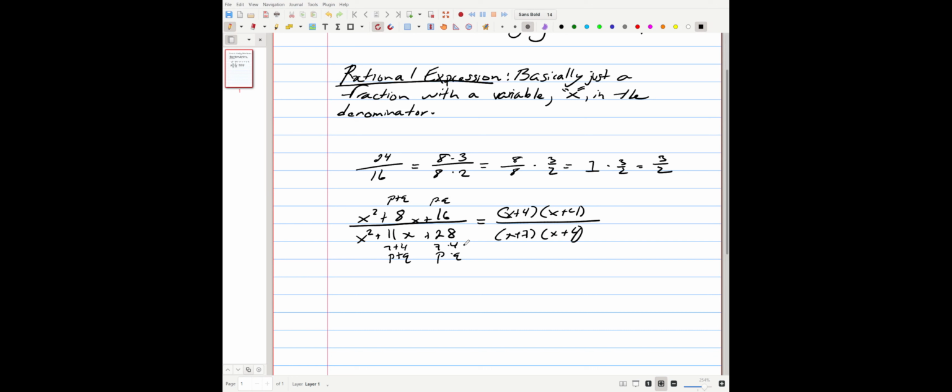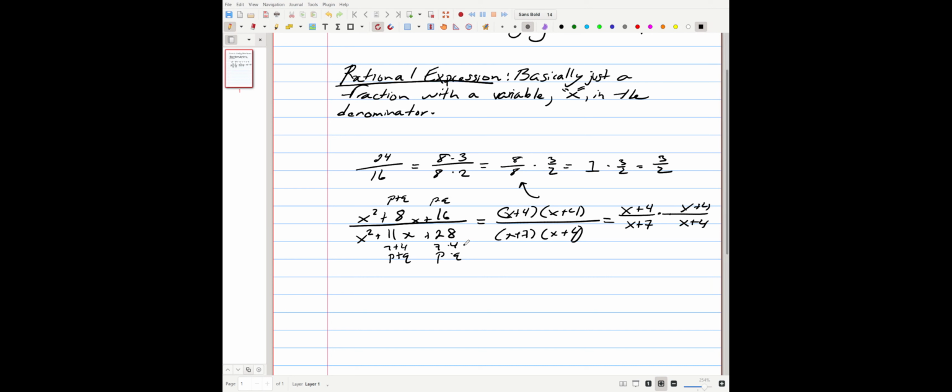And so what you'll notice here is we have the same situation we had here, where we have a term on the top and a term on the bottom being multiplied. That's exactly the same, and so we can do the same thing we did before. We'll write x plus 4 over x plus 7 times x plus 4 over x plus 4.